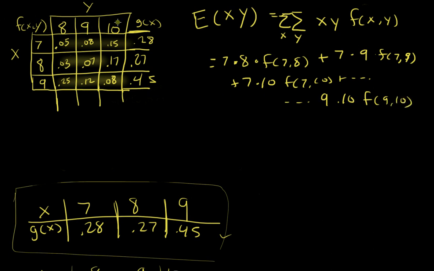So you just have to basically multiply these and then multiply by the joint probability. So 7 times 8 times 0.05 plus 7 times 9 times 0.08, etc., until we get to 9 times 10 times 0.08.